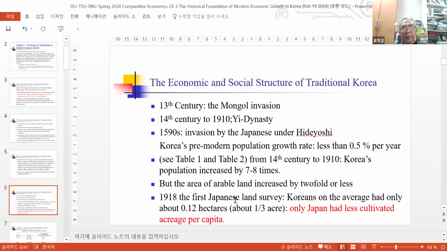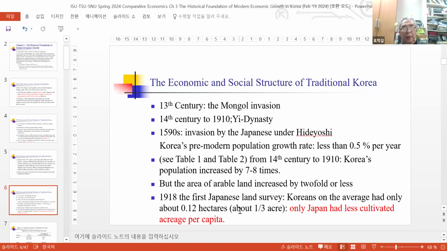In 1918, the first Japanese land survey found that Koreans on average had only about 0.12 hectare, about 1/3 of an acre. Only Japan had less cultivated acreage per capita.